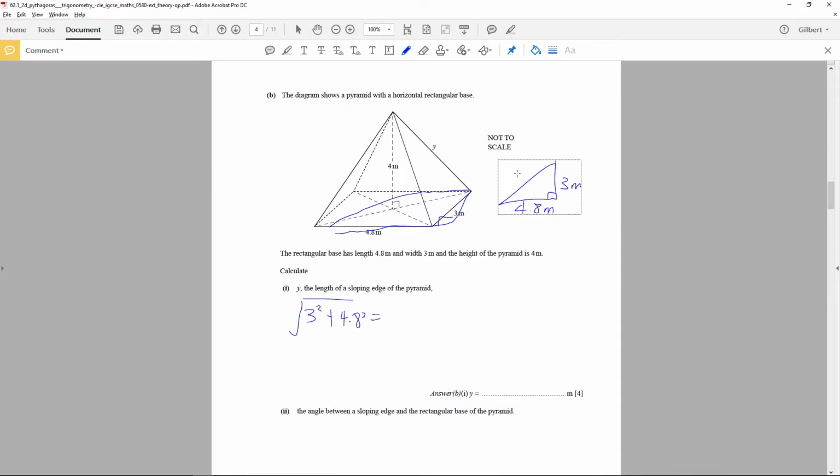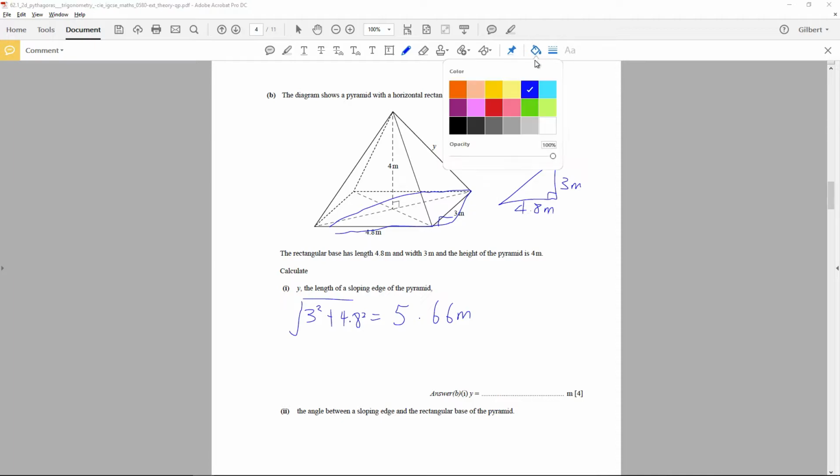Okay, 3 squared plus 4.8 squared, square root, you're supposed to get 5.66 meters. Alright, now half of that, again, now in order to calculate the value of y, you have to look at this triangle over here.